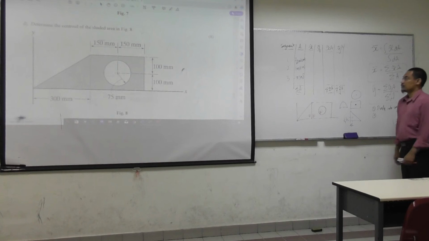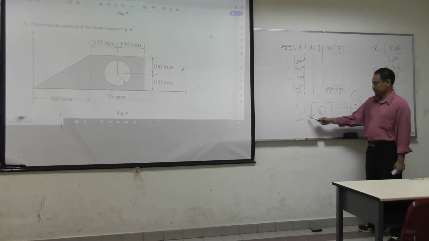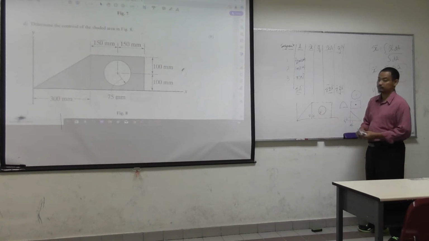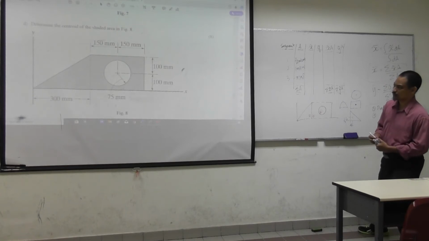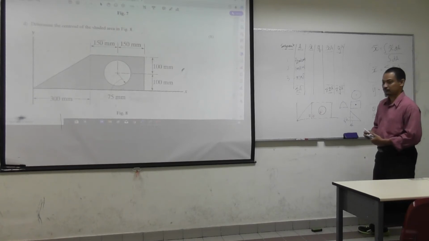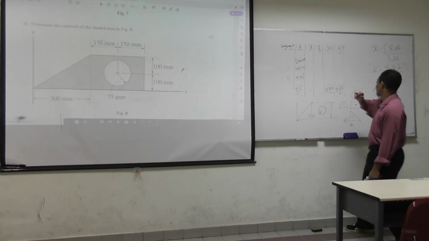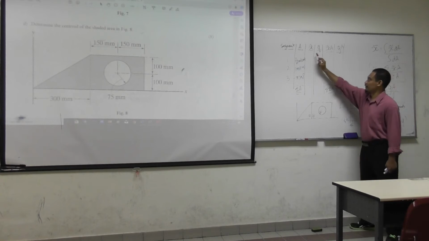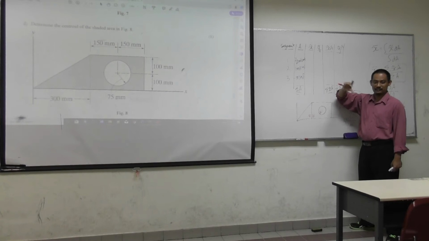Alright, what is x bar for the triangle? It's 100 here, 200 here? A reminder: this x bar, y bar is the coordinate, meaning it's not a distance, it's a coordinate.